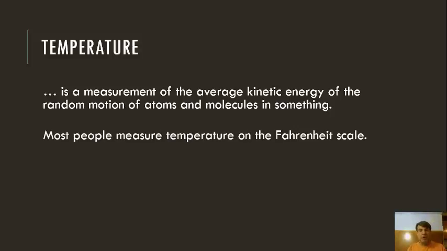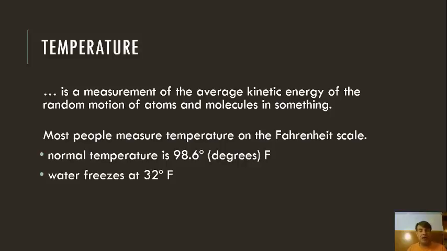Now, most people in common everyday America, at least, not in Europe, but in the United States at least, measure temperature using the Fahrenheit scale. That seems to work fine for everyday kinds of things. So normal temperature is 98.6 degrees Fahrenheit. Water freezes at 32 degrees Fahrenheit.